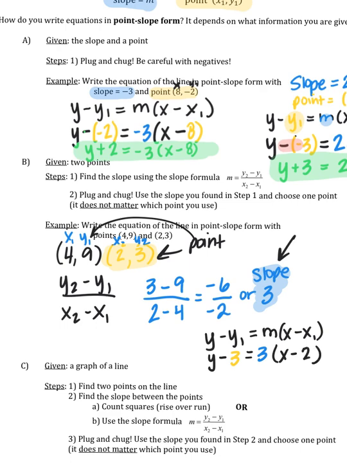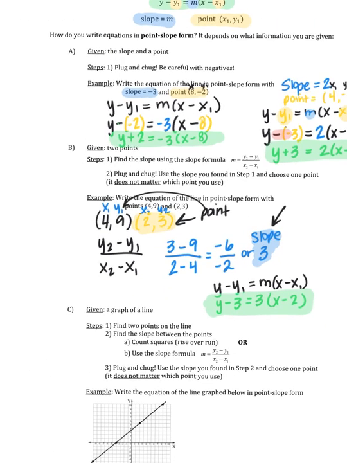And this one I don't even need to simplify because it's already simplified. So that's my answer in point slope form. It's just an extra step. When you're not given the slope, we have to first find the slope. And then we can use one of the 2 points that's given to us and the slope and plug it into point slope form. Okay?